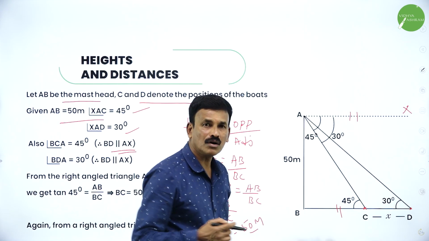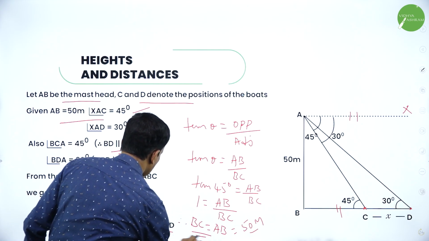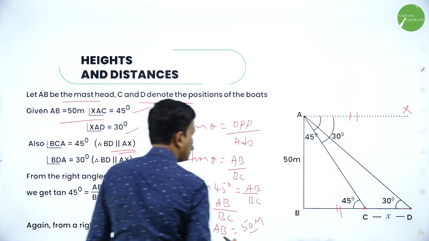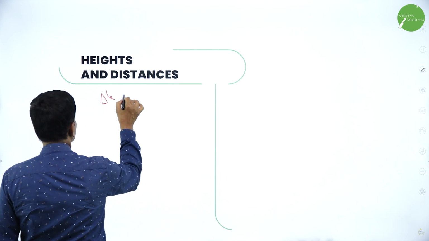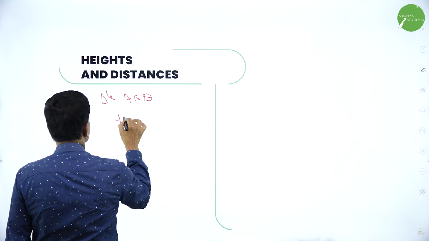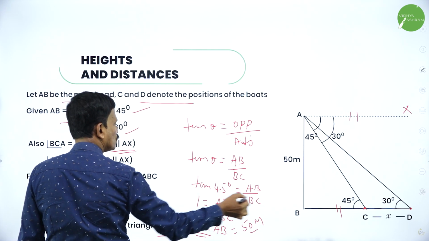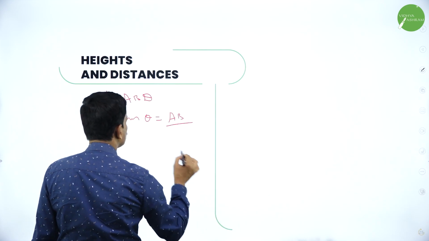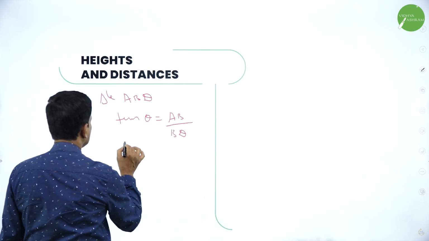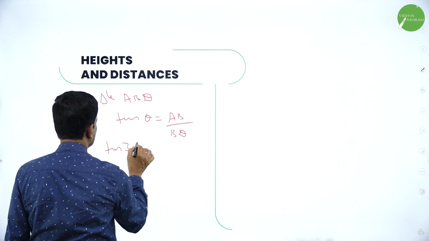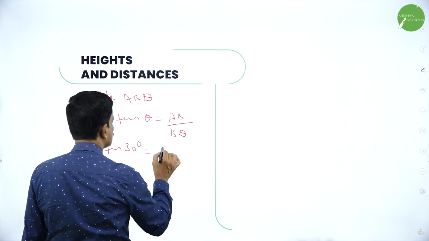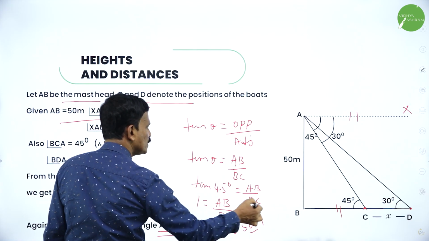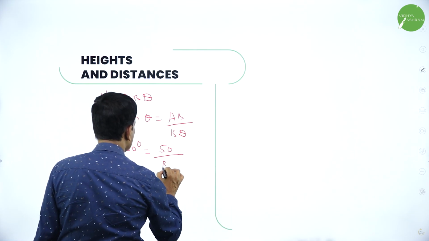Now again from right angle triangle ABD, tan 30 is equal to AB divided by BD. So from triangle ABD, tan theta is equal to AB divided by the distance BD. Tan 30 is equal to 50 divided by BD.